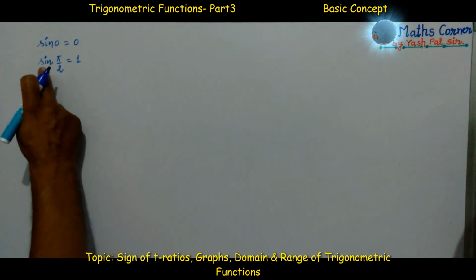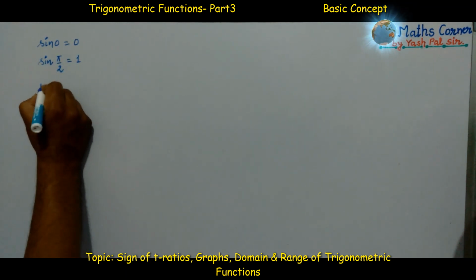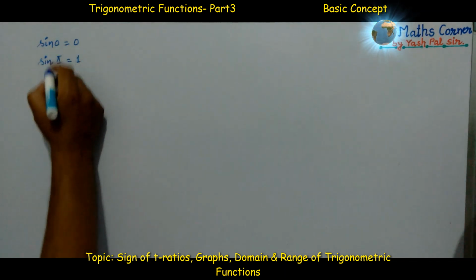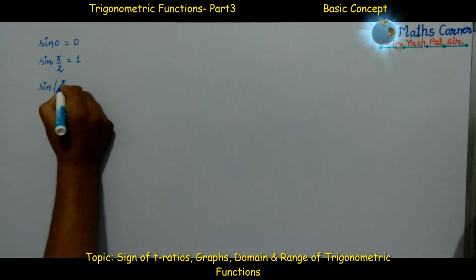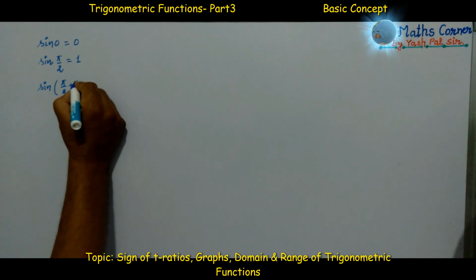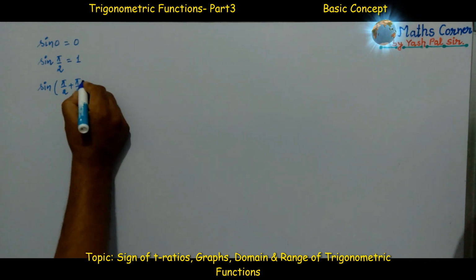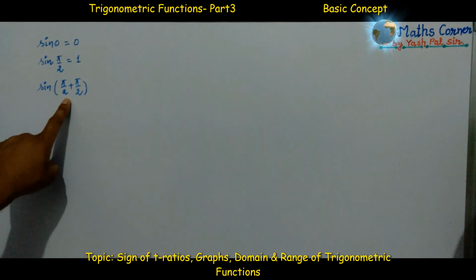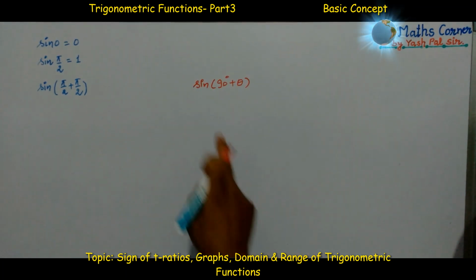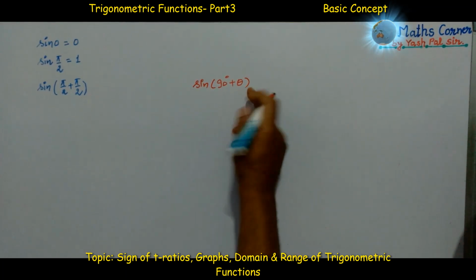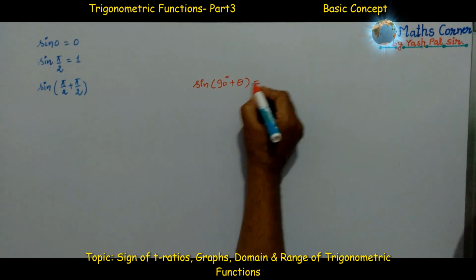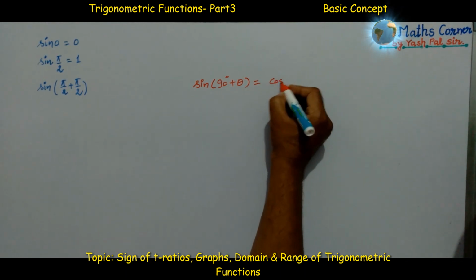Now what we are going to do? What is sine pi by 2 plus pi by 2? Okay, here we are using this rule, sine 90 degree plus theta, this is equal to cos theta.